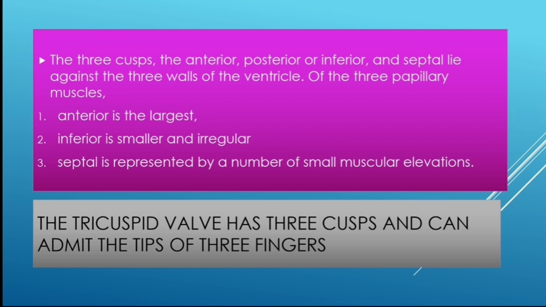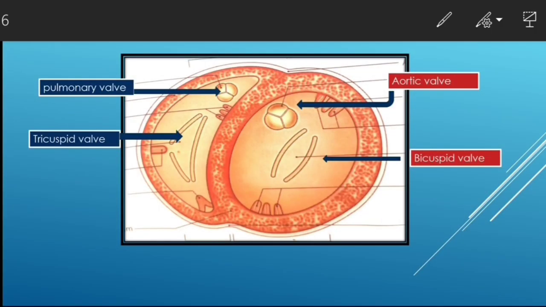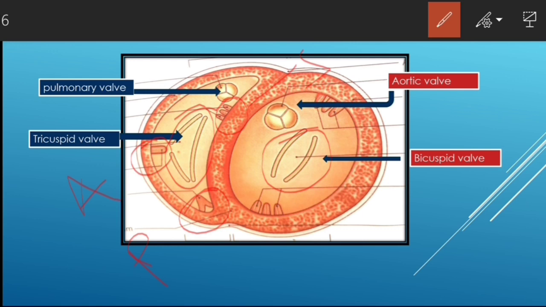The anterior is the largest, the posterior is small and irregular, and the septal is represented by a number of small muscular elevations. Now in this diagram we will see the papillary muscles. This is the anterior papillary muscle. This is the posterior papillary muscle, and this is the septal papillary muscle. Okay, and this portion is known as the tricuspid valve, and this is the bicuspid valve. Both are AV valves, right?